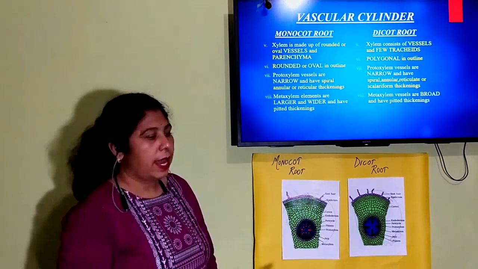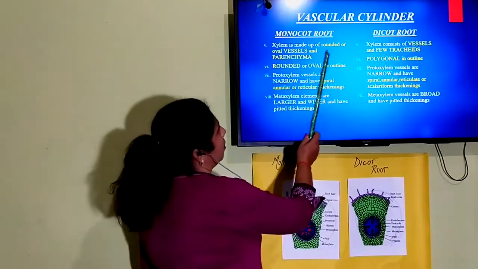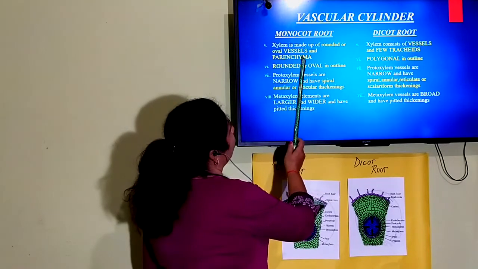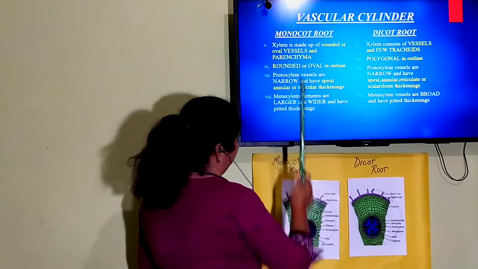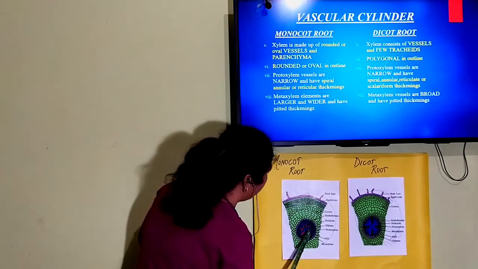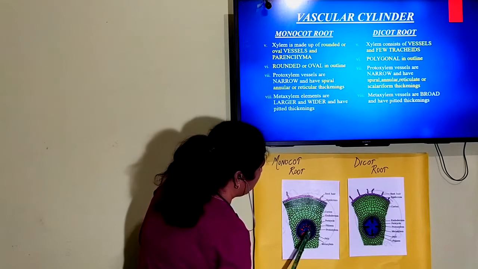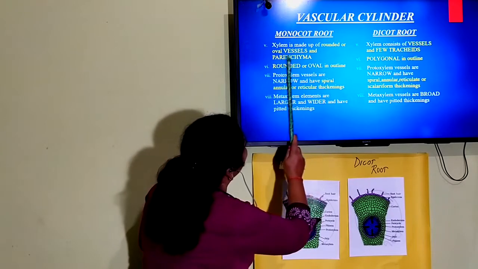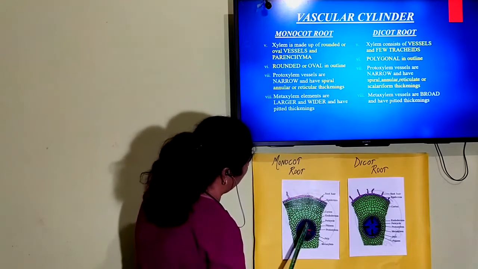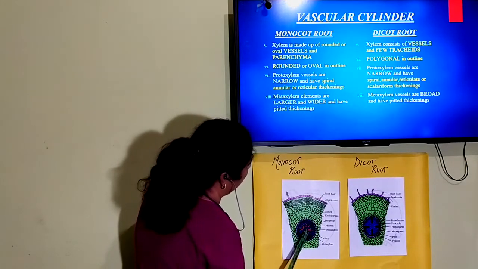In this slide, you can see xylem is made up of rounded and oval vessels and parenchyma. Here, this red color shows xylem. It's made up of rounded or oval vessels in the monocot root.